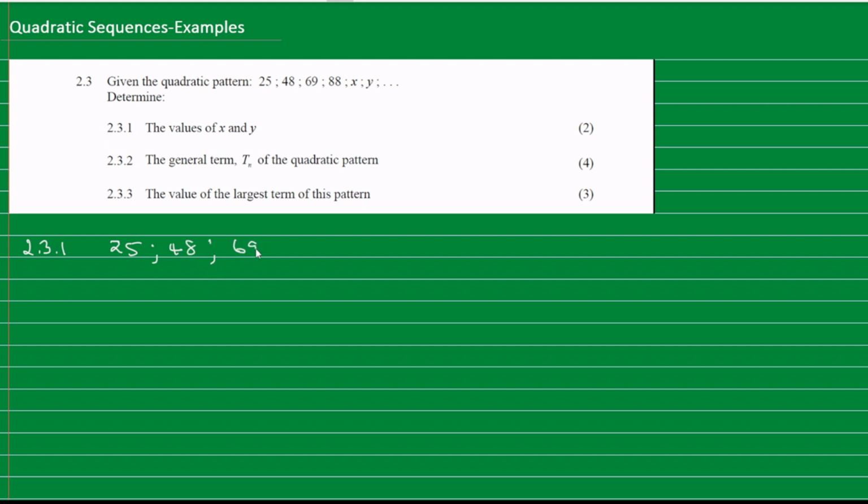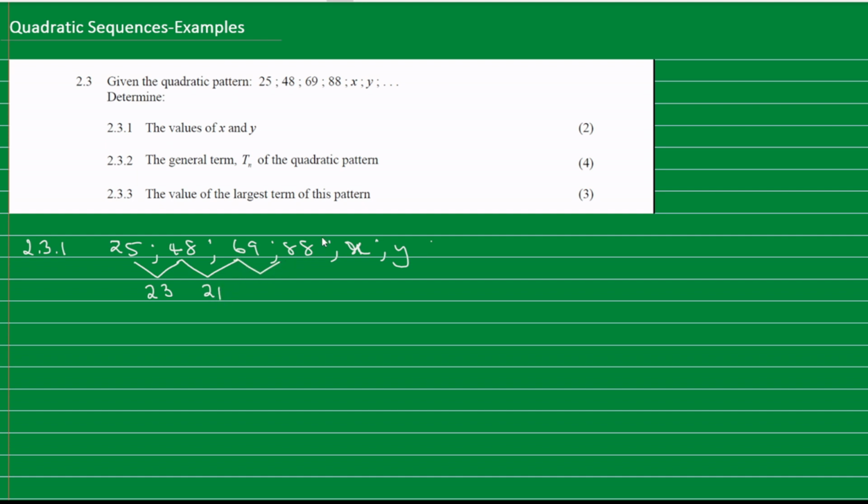The numbers are 28, 48, 69, 88, x and y. What we are going to do is the subtraction. 48 minus 28, we'll get 20... 69 subtract 48, that is 21.